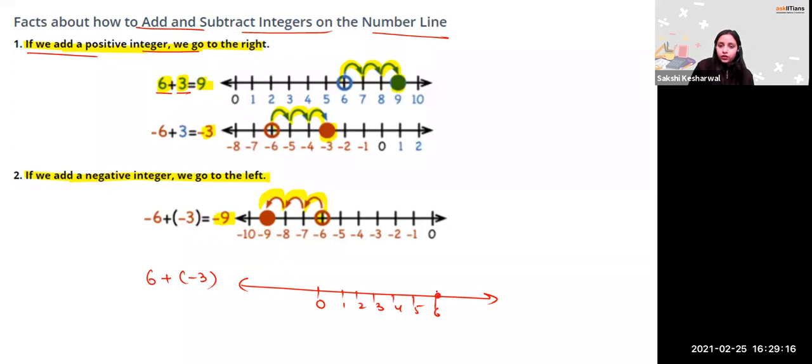First you go to 6. Then you are adding a negative integer, so you move left, 1 step, then 2 steps, and then 3 steps. So you get your answer as 3. That's it. We did this in the last class, and we did that if you want to add 2 positive integers, we just add them, right? So what happened?